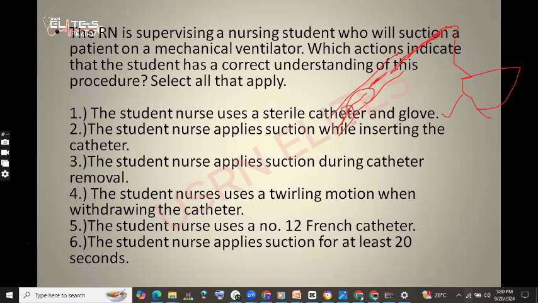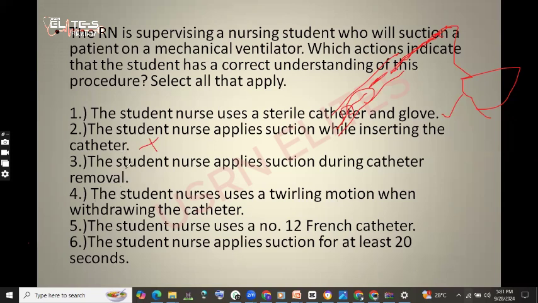Oh, I've added another option. Okay, no problem, let's carry on. The student nurse applies suction whilst inserting the tube. Correct or wrong? Wrong. Let's move on to 3.